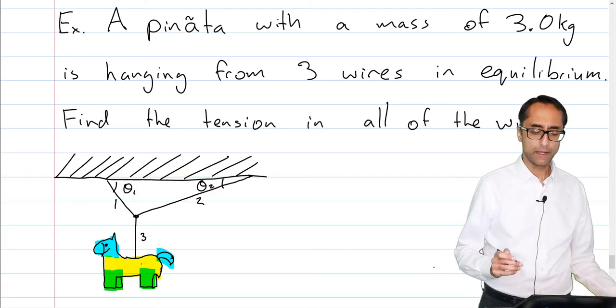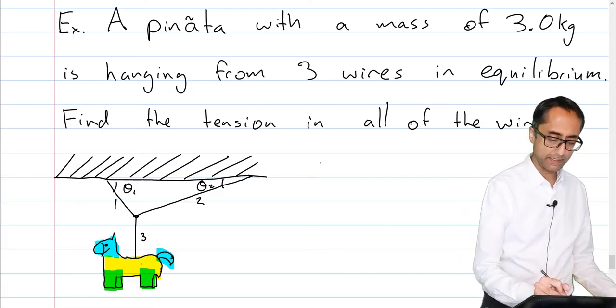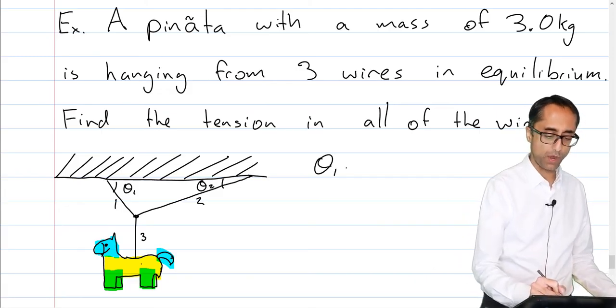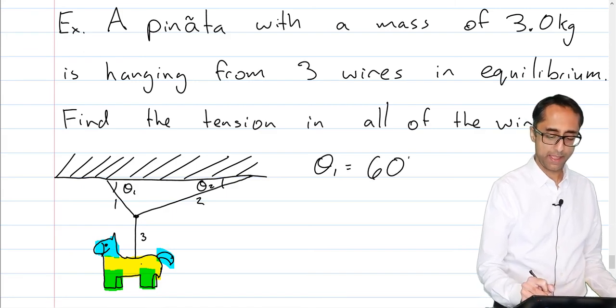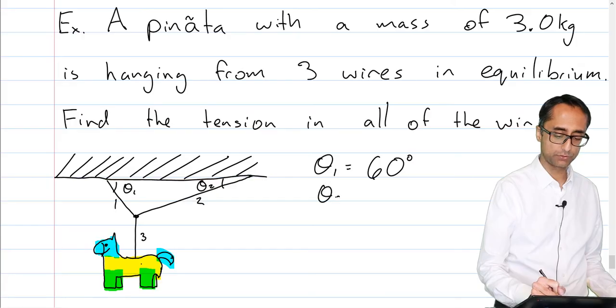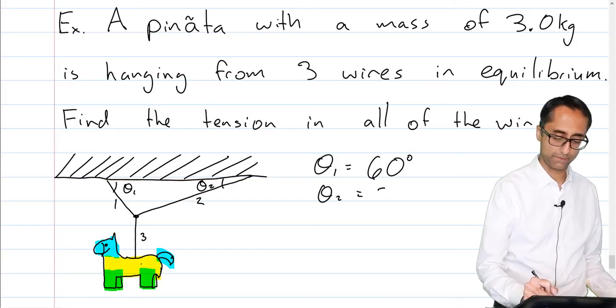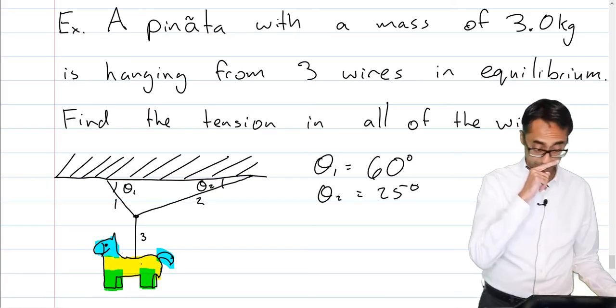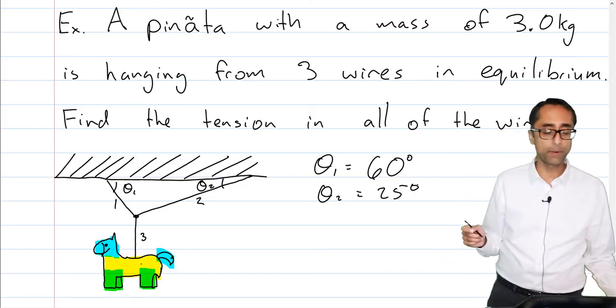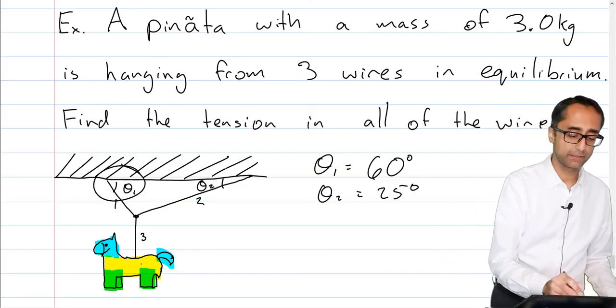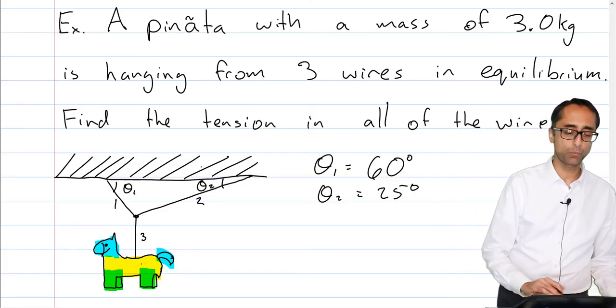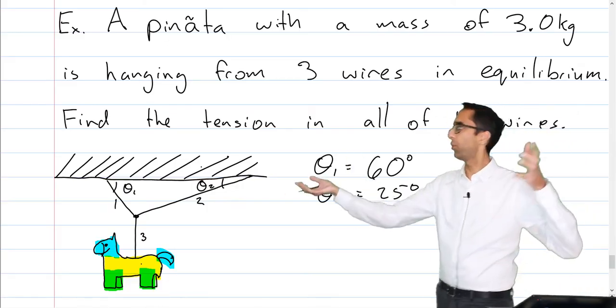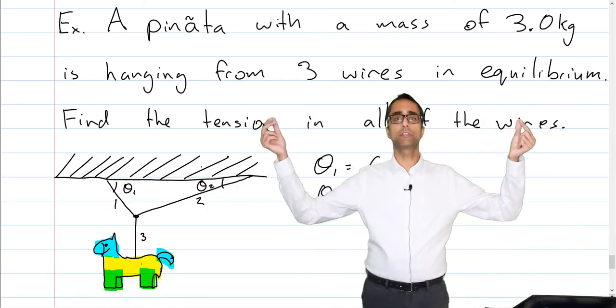And so a couple of things that I need to add here are the angles of my wire 1. Theta 1 is 60 degrees. And my angle 2, theta 2, is 25 degrees. What that represents is this angle here and here. And so these 3 wires are holding up this piñata, and there's tension in them, right?